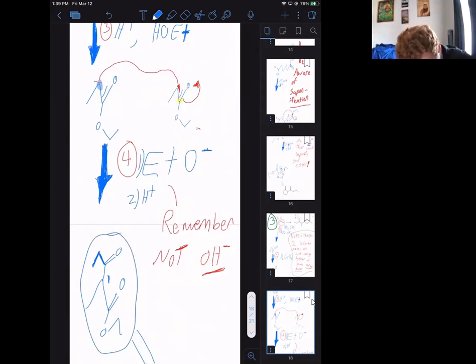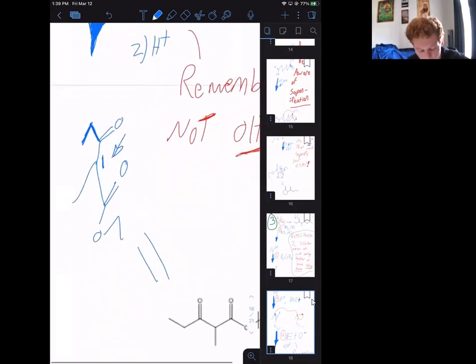But this right here is going to be negative until we do the acid workup, which will trap that proton there and prevent you from having any funny business getting added to this carbon right here. That has the really ugly arrow that I just drew. So yeah, that's the final product.